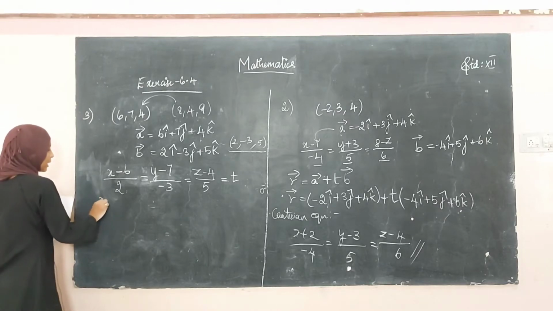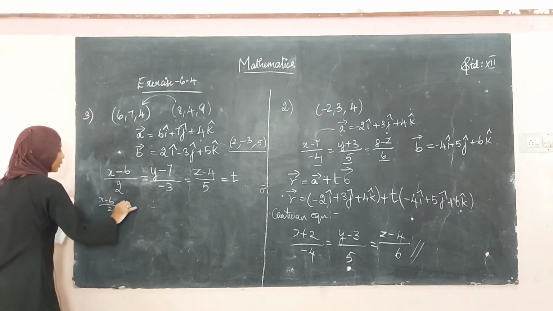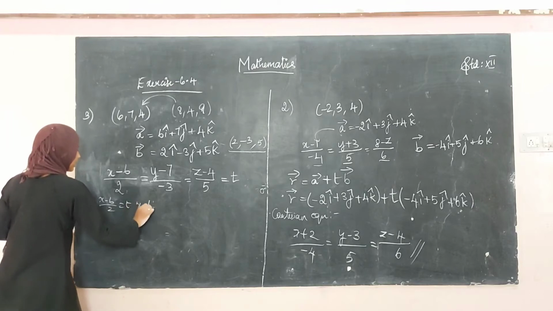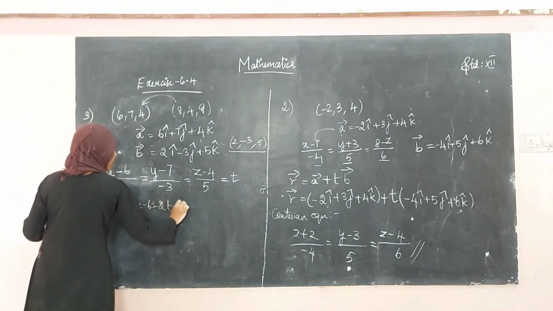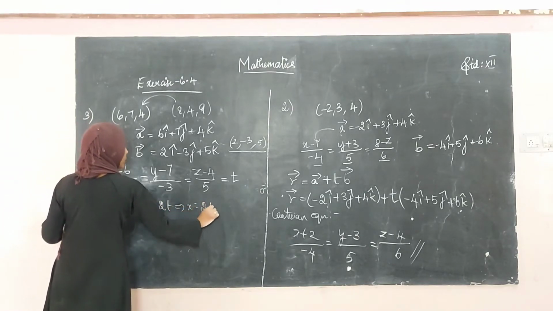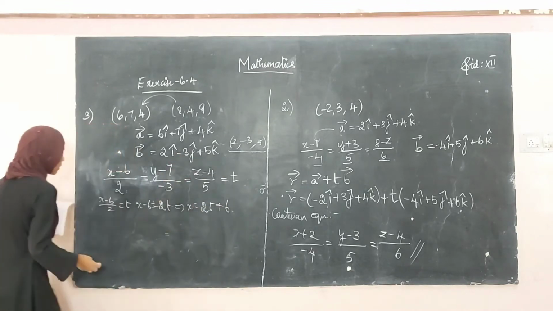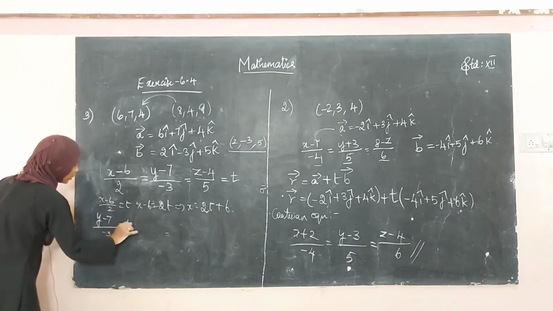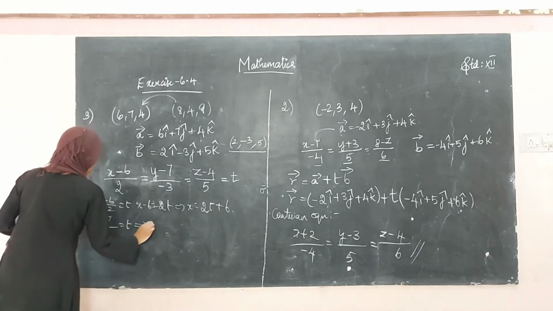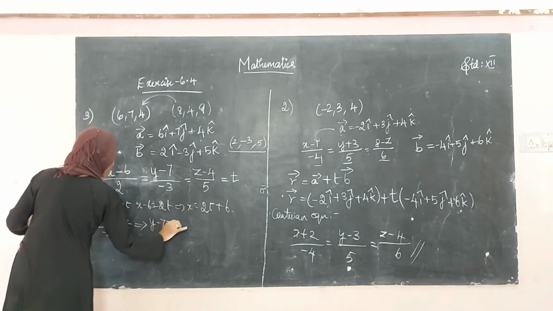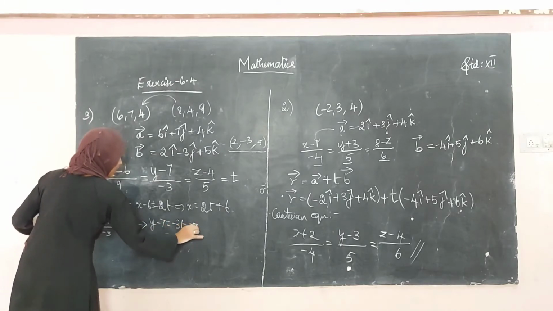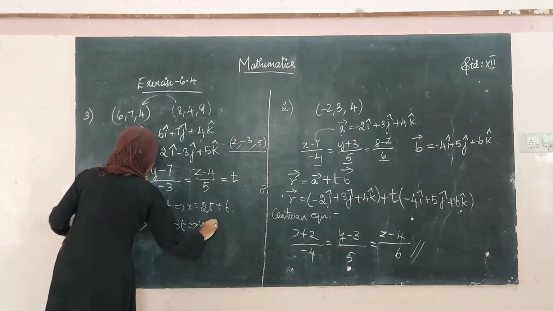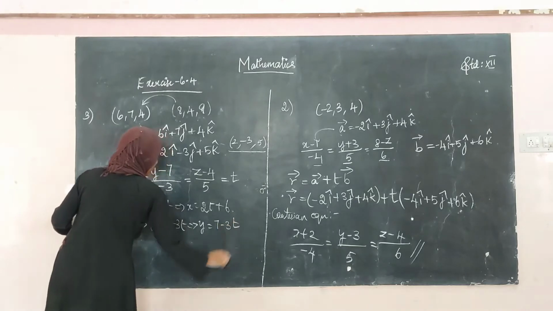x minus 6 divided by 2 is equal to t, means x minus 6 is equal to 2t, therefore x is equal to 2t plus 6. And again y minus 7 divided by minus 3 is equal to t. From this y minus 7 is equal to minus 3t, so y is equal to 7 minus 3t.